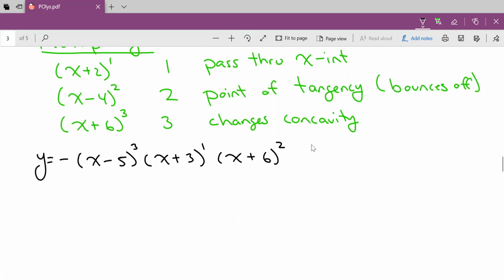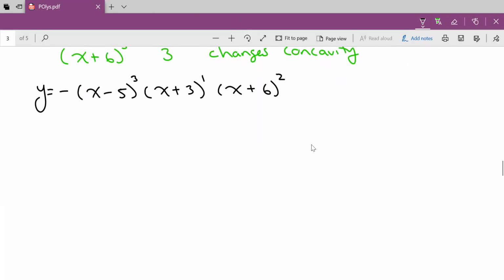Now, this is actually degree 6. 3 plus 1 plus 2, which is 6. That's technically beyond what we have to do in 30-1, but I just want to do it because the rules are all the same.